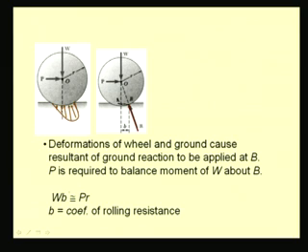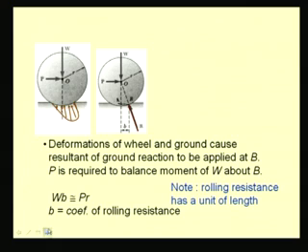So, if the surfaces of contact are deformable, then we need to have this force P in order to keep this wheel in the rolling condition. And this distance B to which this reaction R has displaced from the vertical is known as the coefficient of rolling resistance.